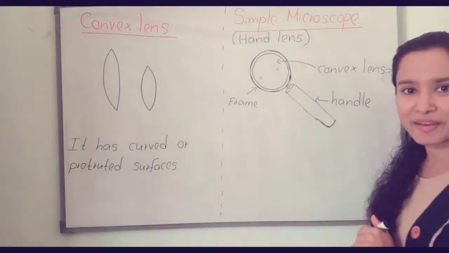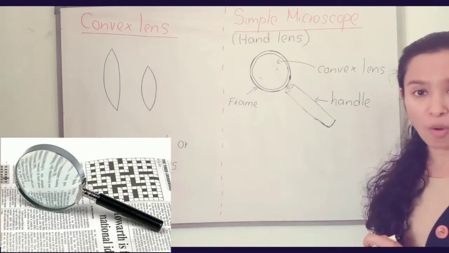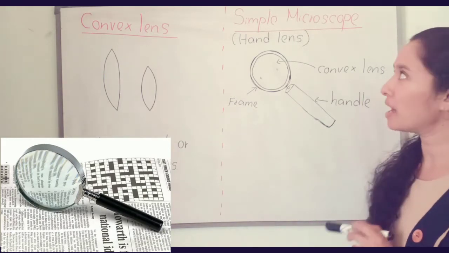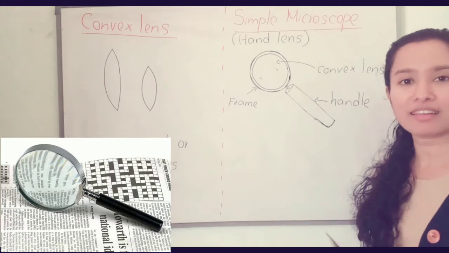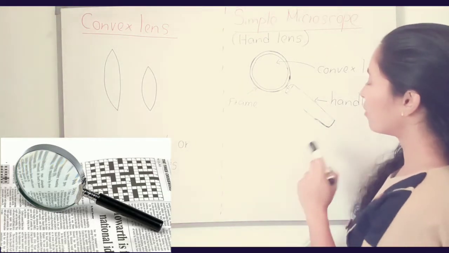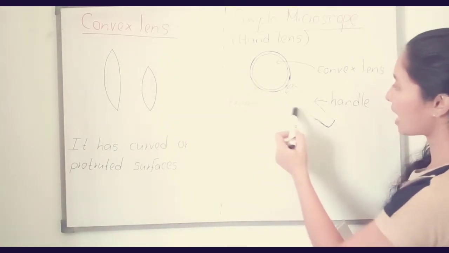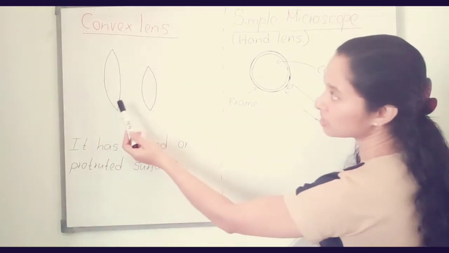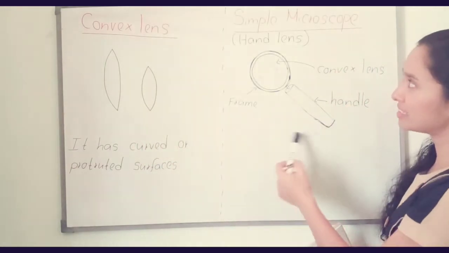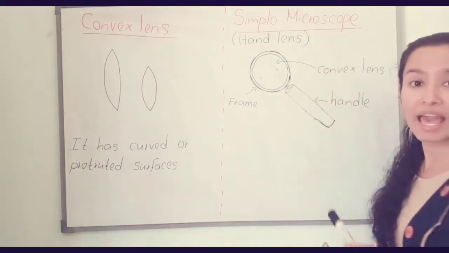Okay, what is this one? This is a simple microscope, sarala anvikshaya. So when we fix a frame and a handle to a convex lens, we call it a simple microscope, or we can call it a hand lens.